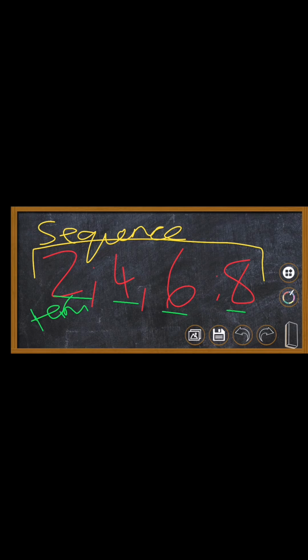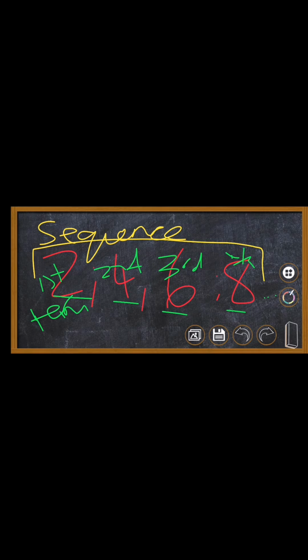So this is our first term, second term, third term, and fourth term. So this sequence goes on, meaning, so we put those 3 dots, that means this sequence continues forever, so it never stops. We get to 1,000,000, 1,000,002, 1,000,004, and so forth.